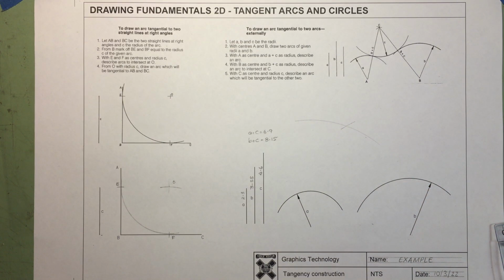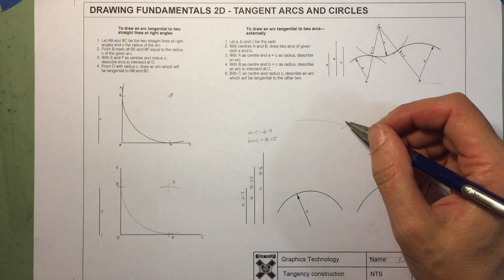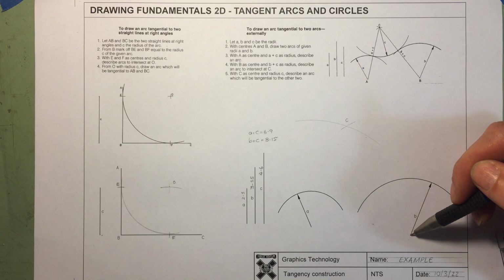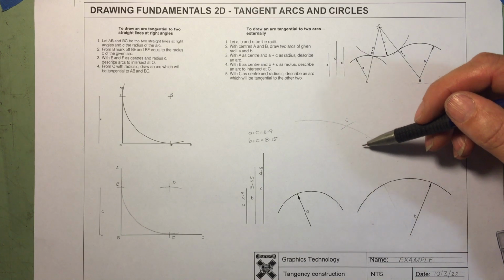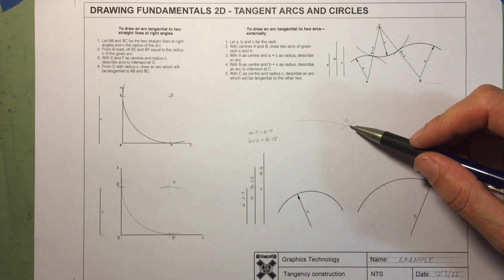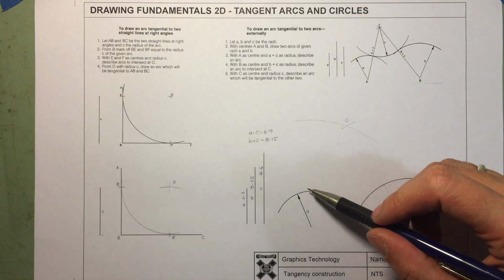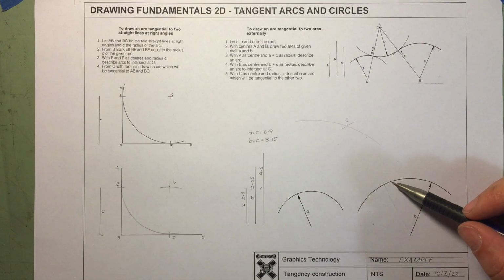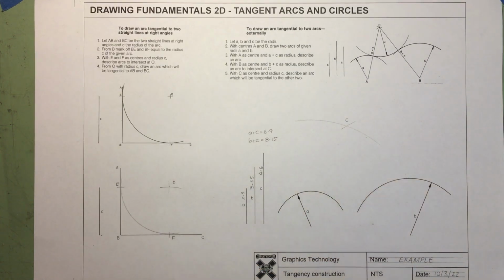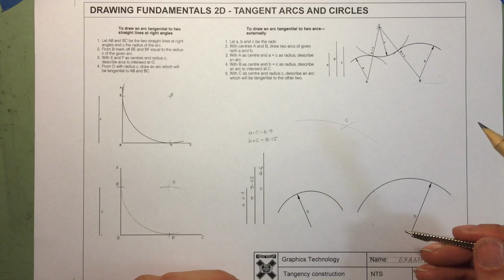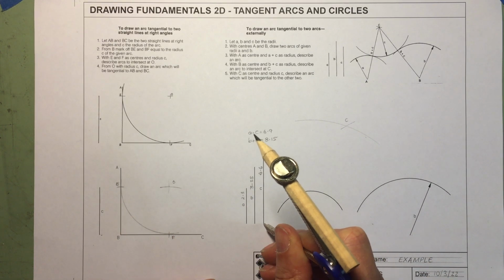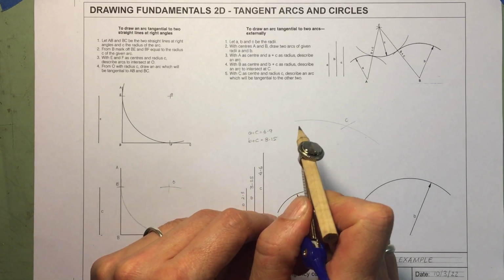Now I have my new point C. Here I have a distance B plus C, and here I have a distance A plus C. Each one of these is going to be distance C away. Keeping my drawing clean. Now I've got to set this back to distance C, so I'm going to set my compass back to radius C.